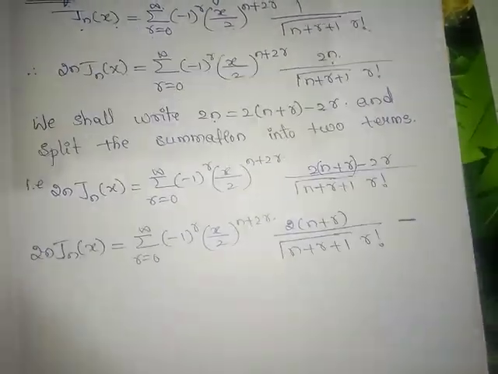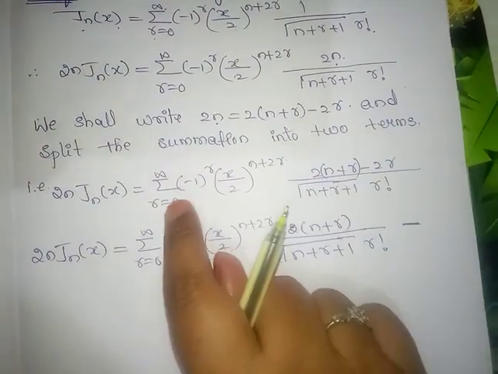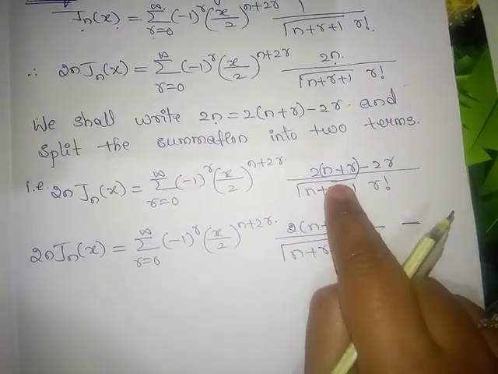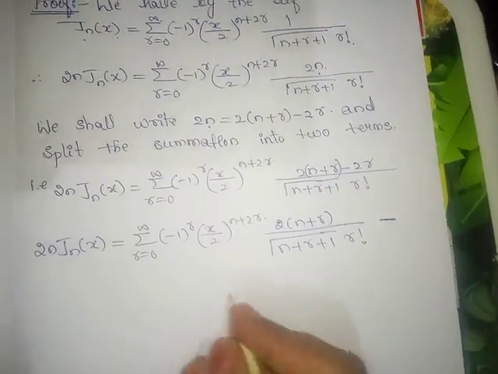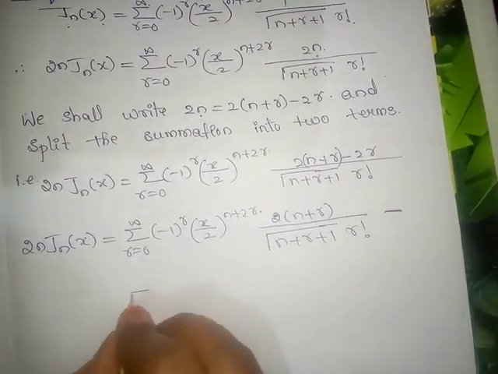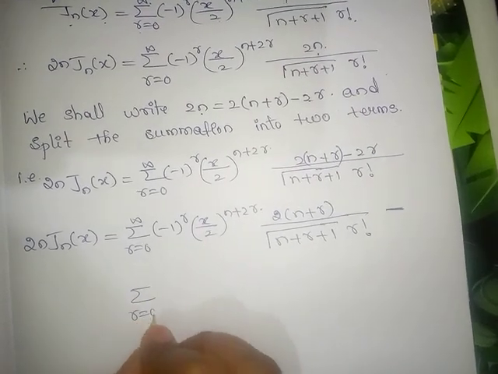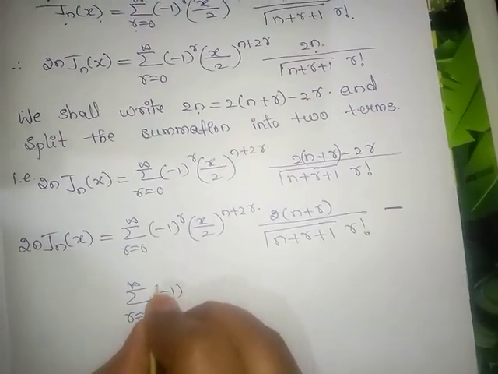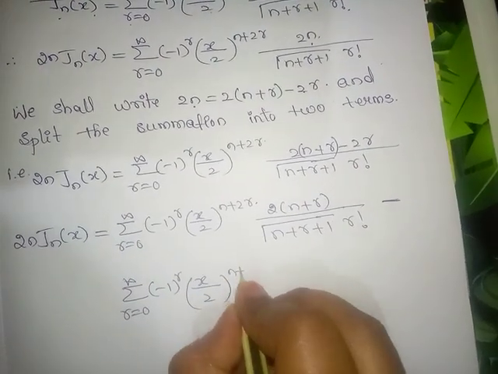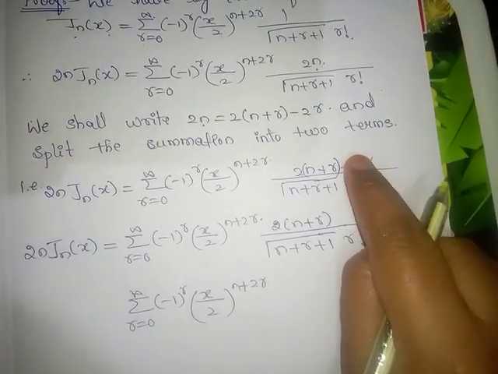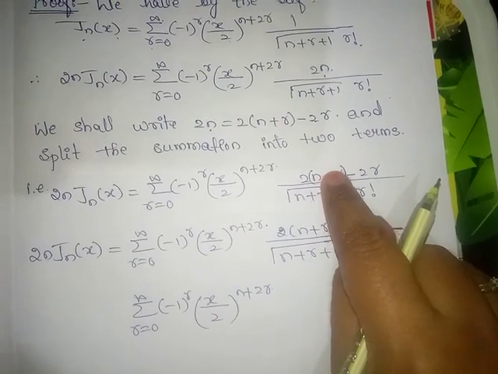Minus the next term, which is summation, this whole term into 2r divided by this one. Minus the next term is summation r equal to 0 to infinity of minus 1 raised to r, x by 2 raised to n plus 2r. You already know how to split this, right?